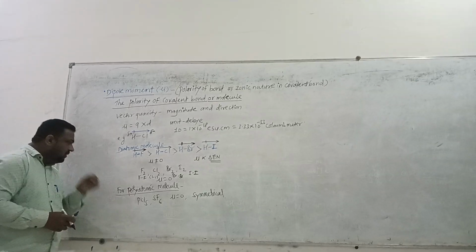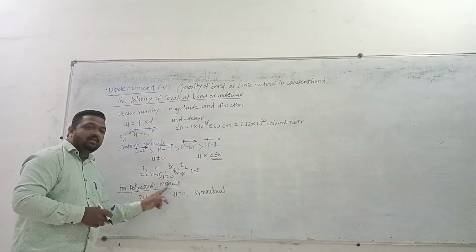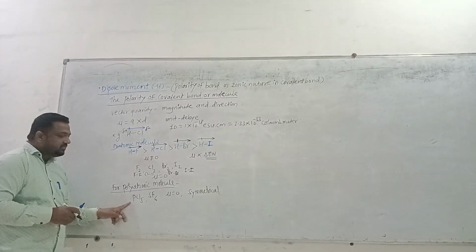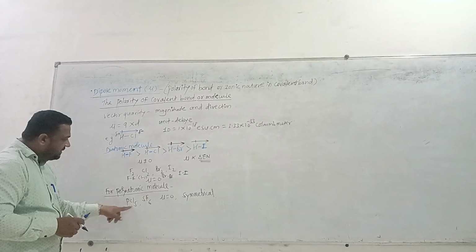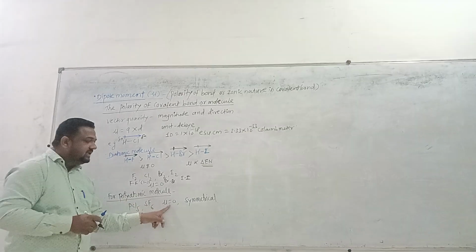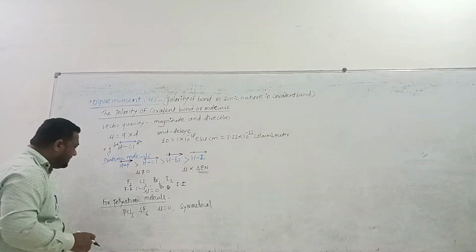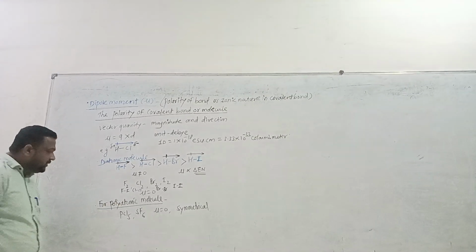Next, polyatomic molecules. What happens? Molecules with more than three atoms, like PCl5 and SF6, have dipole moment 0. These molecules are symmetrical, meaning they can be cut into two equal parts.